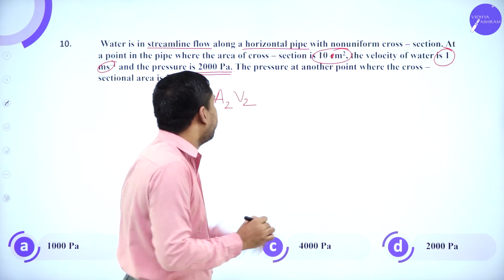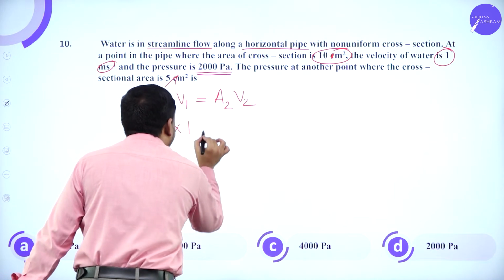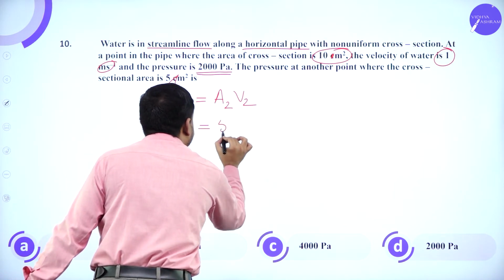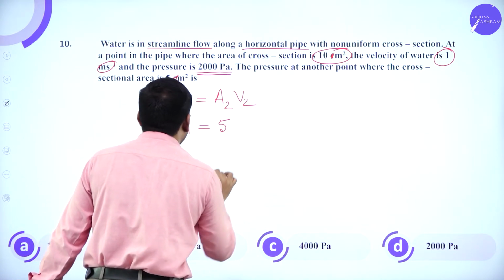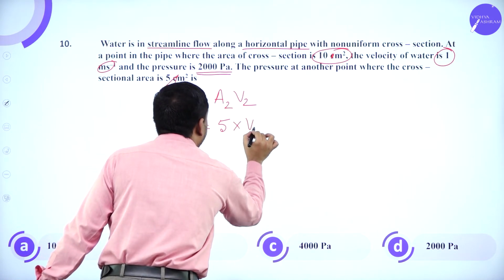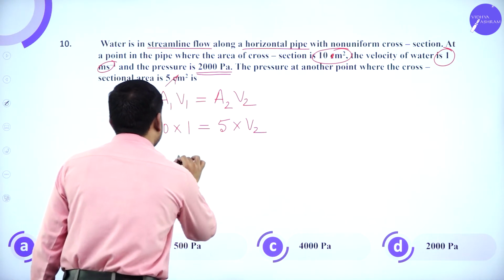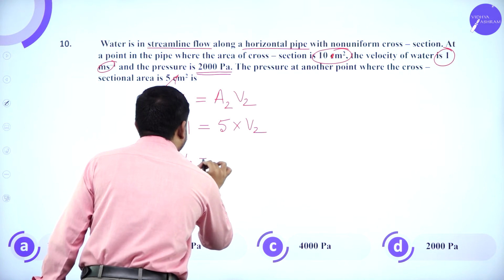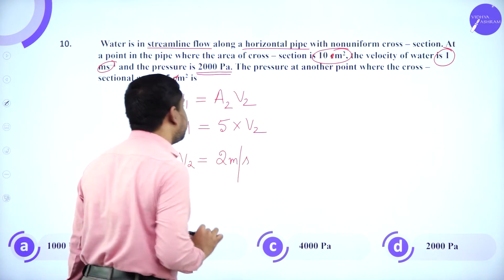A1 is 10, the velocity at that point is 1 meter per second, A2 is 5, V2 has to be calculated. So V2 is nothing but 2 meter per second.